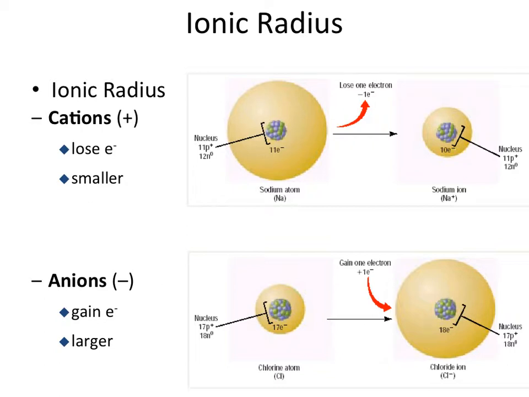Those protons now have to hold on to an extra electron. So the size of the anion is going to increase with respect to the parent atom. So cations are going to decrease in size when compared to the parent atom, and anions are going to increase when compared to their parent atom.